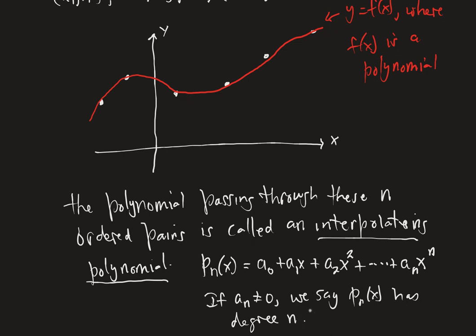Okay. Well, the thing about just saying a polynomial is that the degree is arbitrary. It could be anything. So we could find several different polynomials that would pass through these n points, which means we wouldn't have a unique answer if we just left the degree open.